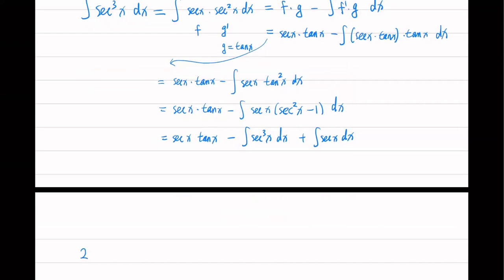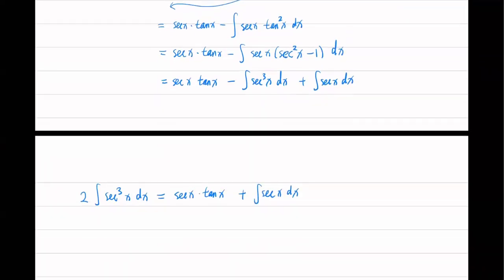Twice of the integral. So instead of the integral, we solve the equation. This secant cube will be half of secant x tangent x, half of this integral.